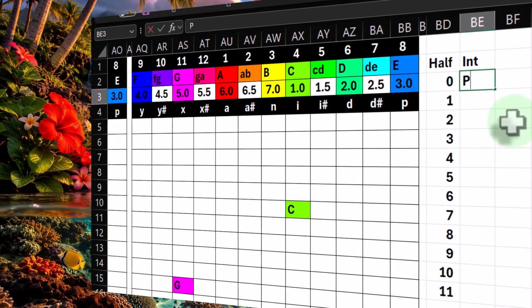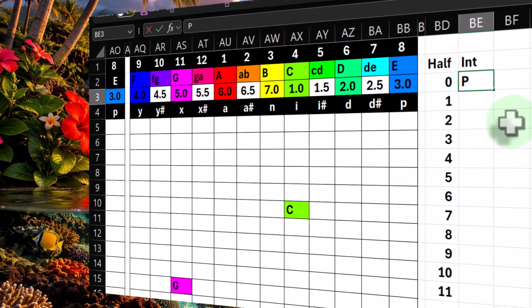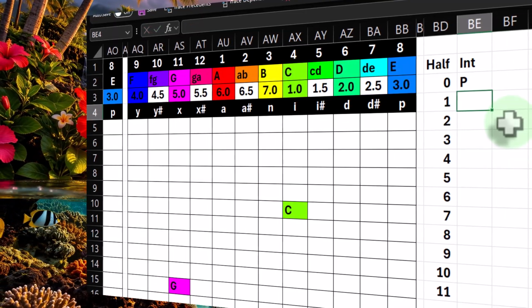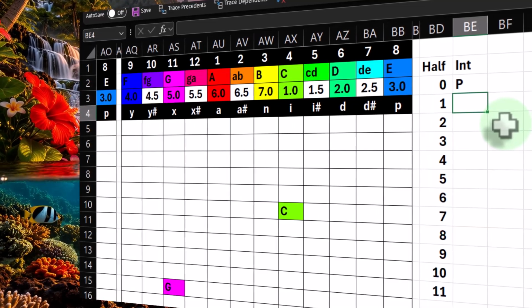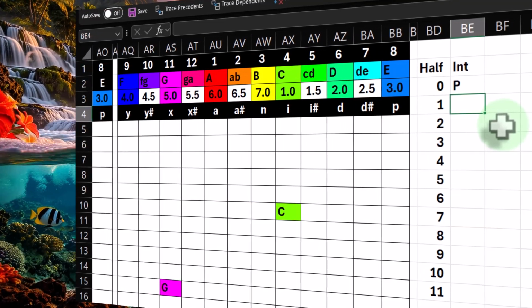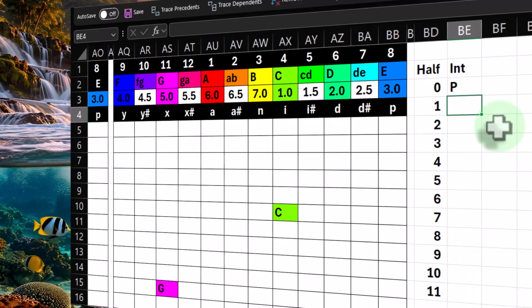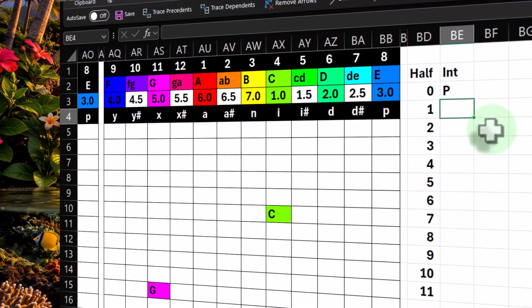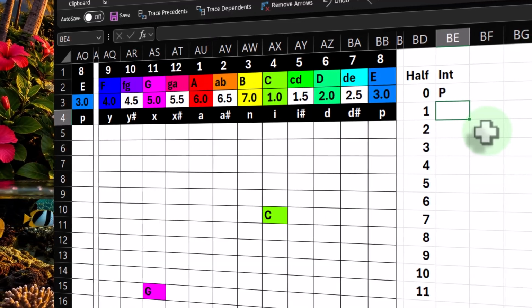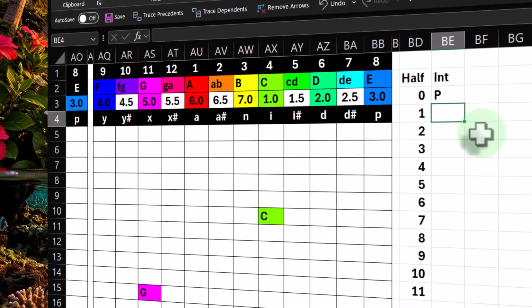So if we don't move anywhere, we call that a P. I'm going to call it a P1 because we didn't actually move any distance, or if you went a whole octave up, then that would be a perfect interval. Okay, but if I start on the first one, then we're going to call that usually a minor.